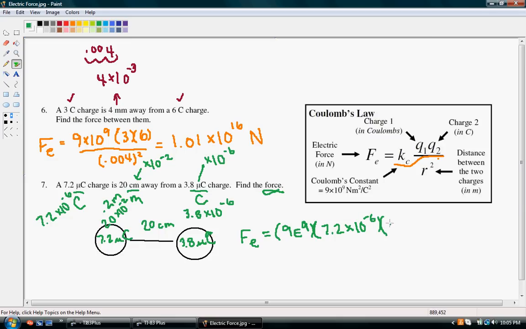And for the 3.8, we'll say 3.8e negative 6, because it's the same thing. Different ways of writing the exact same thing. We put that all over our distance squared. So we can say 0.2 squared, or we could say 20 times 10 to the negative 2 squared. Alright, either way, we're going to get the same answer.